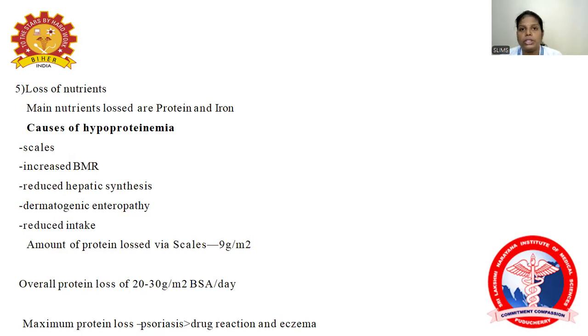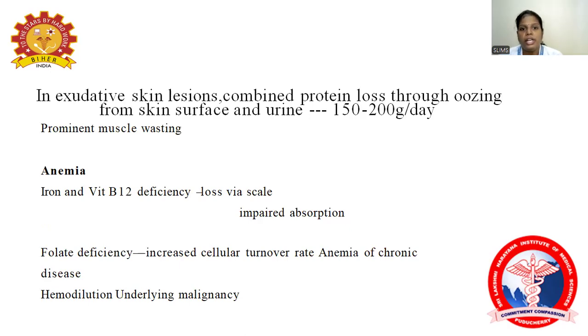Overall protein loss is around 20 to 30 gram per meter square body surface area per day. Maximum protein loss is seen in psoriasis, followed by drug reaction and eczema. In exudative skin lesions, combined protein loss through oozing from the skin surface and urine is 150 to 200 gram per day. Prominent muscle wasting will be there.